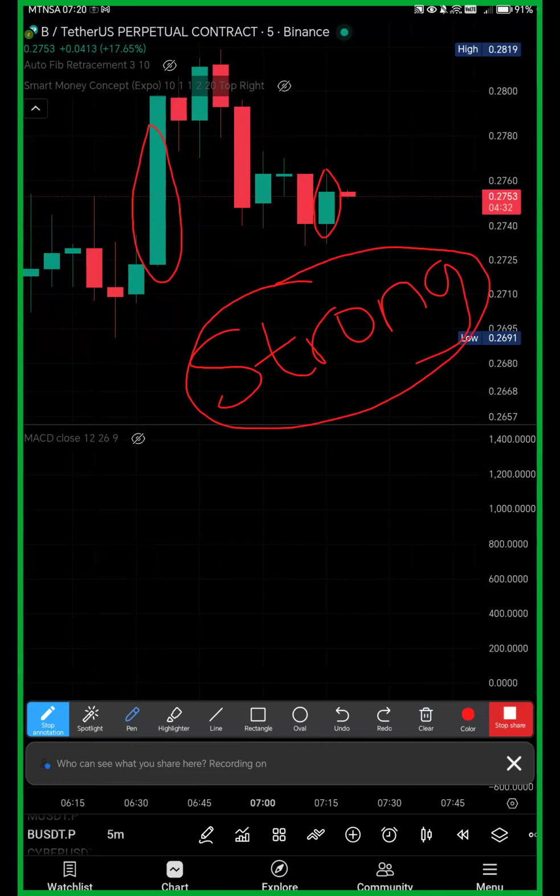If it is a red candle, it means there was a strong selling pressure.